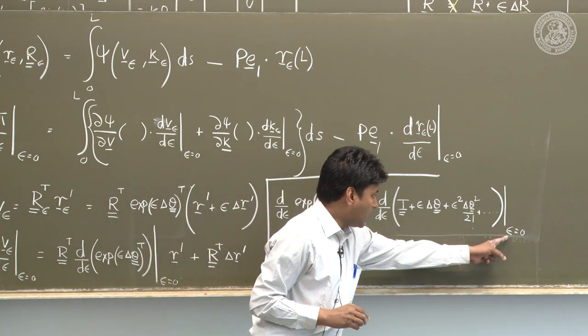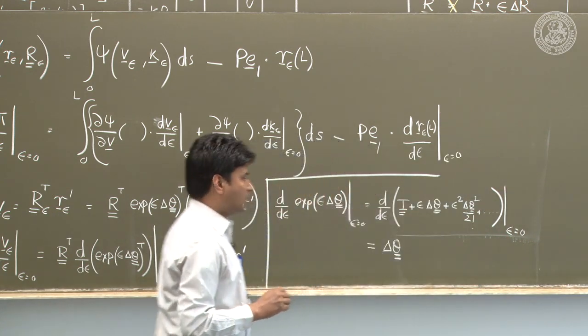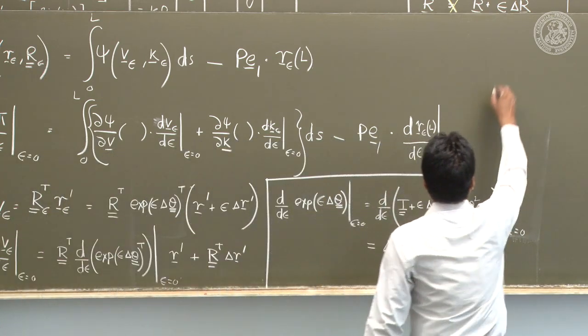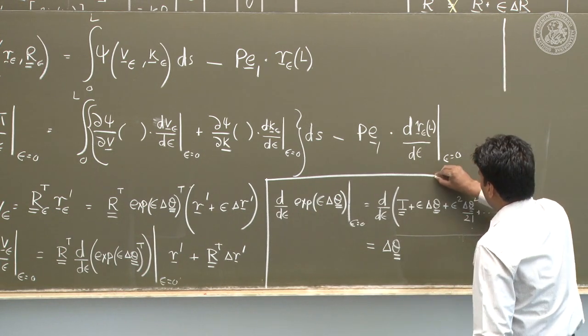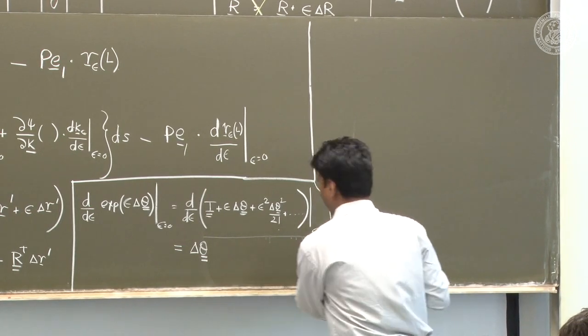Because you also have to evaluate at epsilon equal to 0, so higher order terms all vanish. All right, so that tells us what is dV by d epsilon.